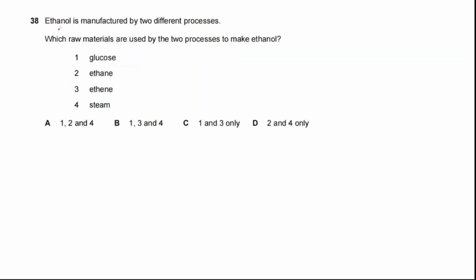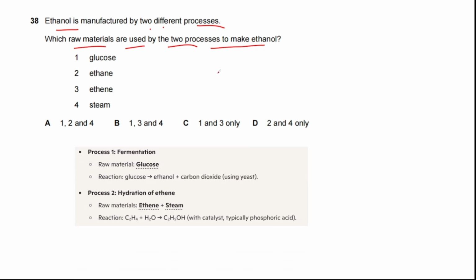Question number 38. Ethanol is manufactured by two different processes. Which raw materials are used by the two processes to make ethanol? Ethanol is an alcohol. You can get the alcohol by two processes, fermentation and hydration of ethene.